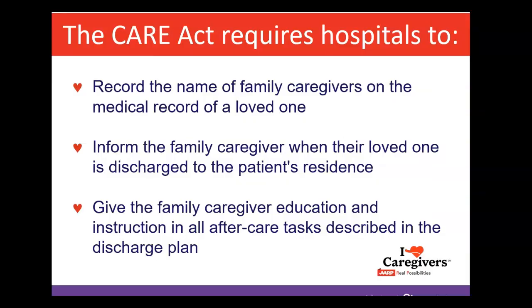The CARE Act requires hospitals to record the name of family caregivers on the medical record of a loved one with Alzheimer's, inform the family caregiver when their loved one is discharged to the patient's residence, when they're discharged back home, and to give the family or caregiver education and instructions in all aftercare tasks described in the discharge plan.